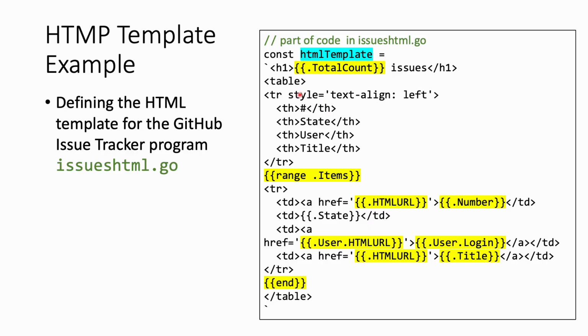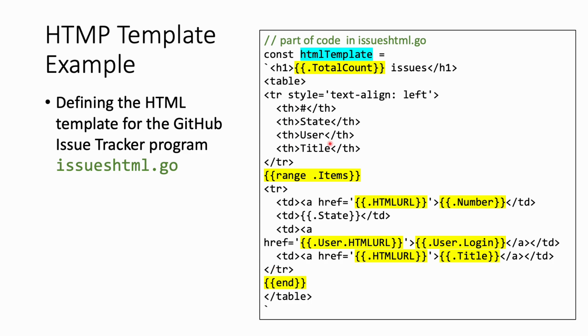Then it uses the HTML tag table and slash table to display the list of issues in a table format. Each issue is displayed in a row, which is enclosed in a pair of tr and slash tr tags.